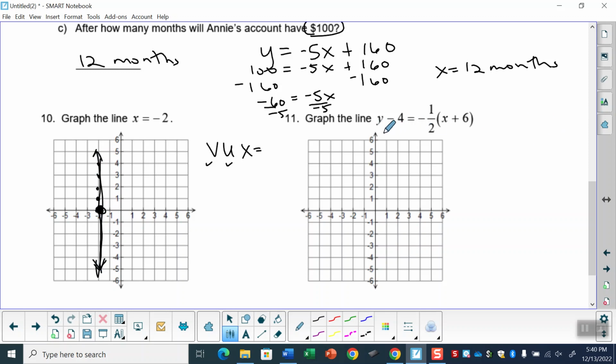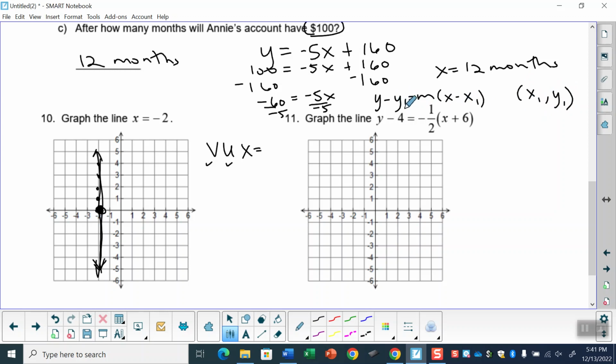And then here I've got, this is in point slope form, right? Remember, point slope form is y minus y1 equals the slope times x minus x1, okay? Where x1 and y1 are a point on this line, okay?